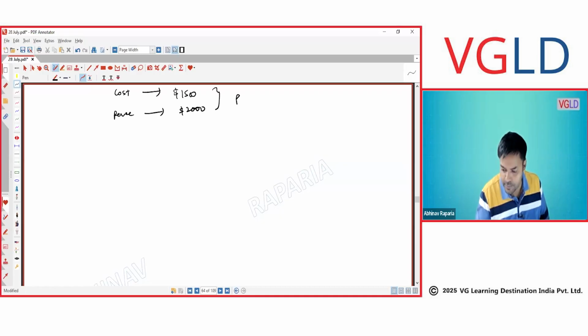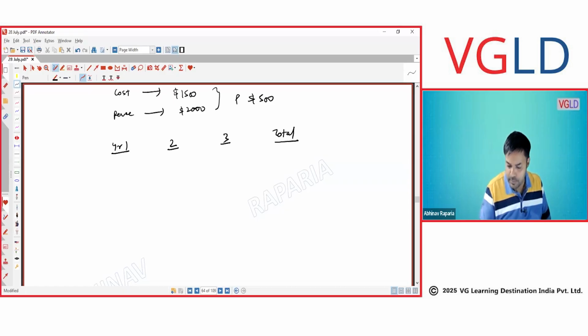The profit is 500. Let's say year 1, 2, 3, the cost incurred, which would be given in the question, is 500, 200, 800. So total cost is 1,500, the way we have discussed here.